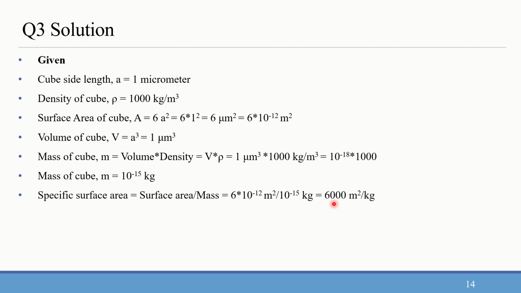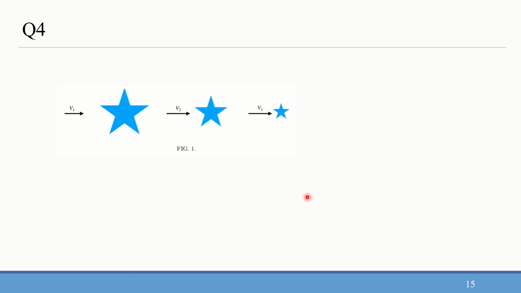That is the reason. So 6000 meters square is a very large surface area, right? So I hope you are able to imagine: the cube length is 1 micrometer, and 1 kg of 1 micrometer cube shaped particles will together contain 6000 meters square surface area. So that is for question 3.